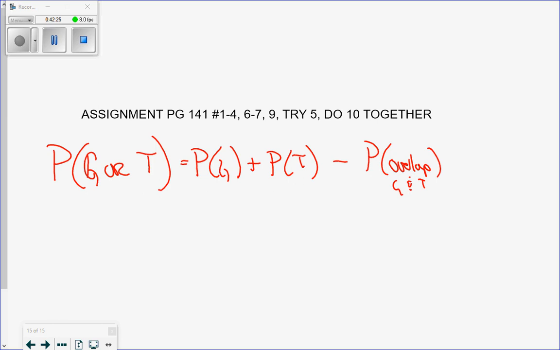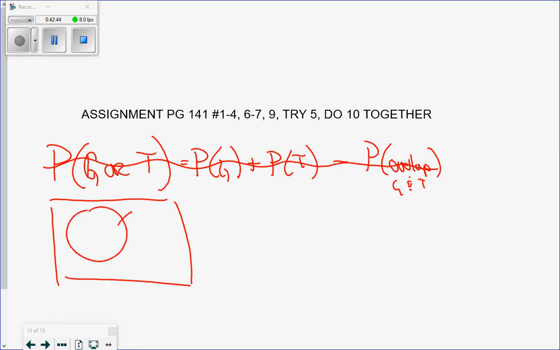So the problem is the neither, okay? That to me is what, actually you don't even need to use the formula for this. I'm going to strike this. Think about Venn, sorry. Golf, tennis, neither. Okay? Neither is 0.25, right?